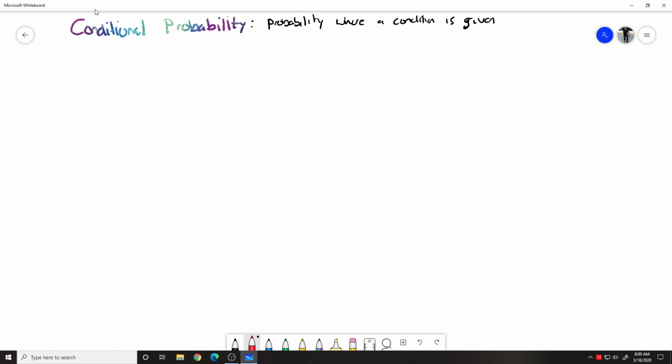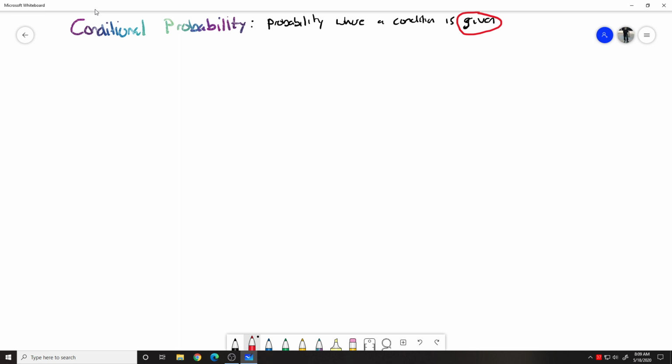And the real key word here is "given." When you see the word given in a question, that is a dead giveaway that we're talking about a conditional probability. You're going to have to remember that, because when we put all these different probabilities together, you'll have to figure out which type of probability a question is.